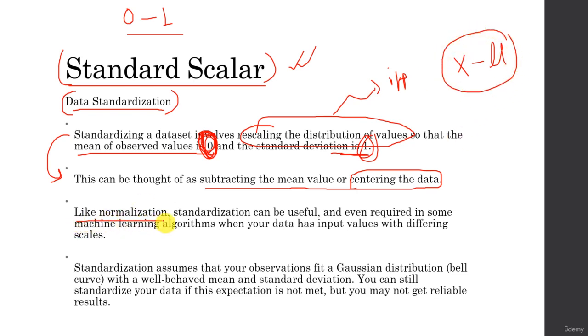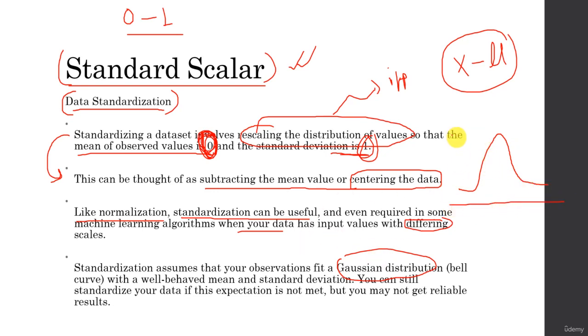Like normalization that we have already studied, standardization can be useful and even required in some machine learning algorithms when your data has input values with differing scale. Standardization assumes that your observations fit a Gaussian distribution, something like this bell curve. If you remember, this is the standard distribution.